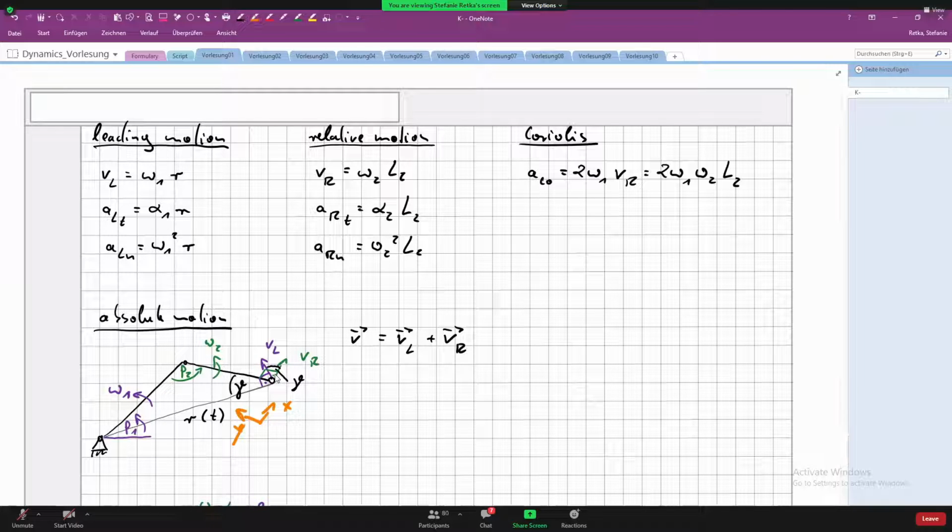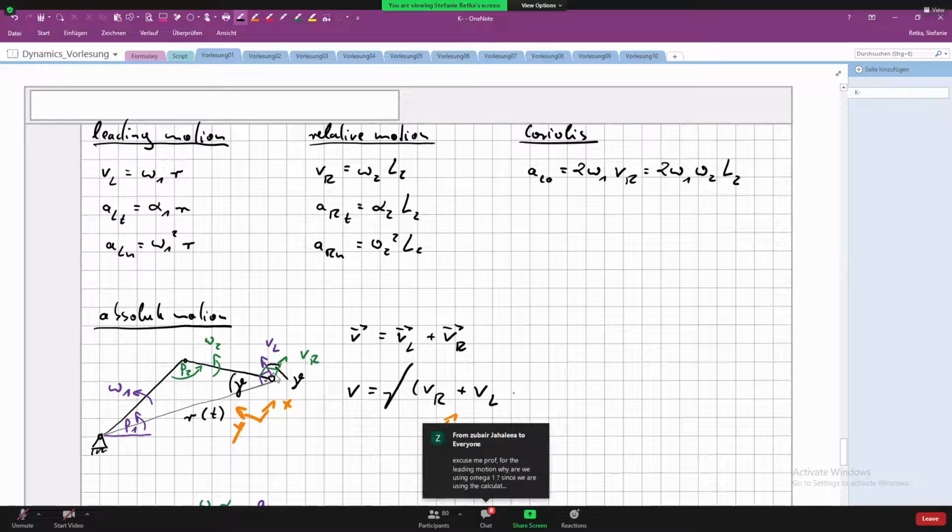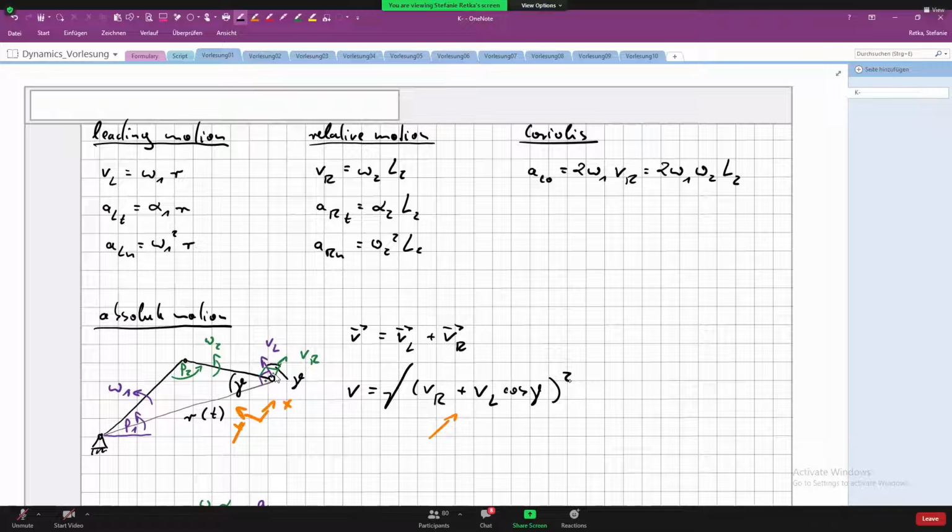Now for the vector addition, it's the square root of the sum of all vectors pointing in X direction, this one right here: VR, plus a component of the leading velocity, plus VL cosine gamma, and then the square of that. Because our system moves with omega 1. The whole system rotates with omega 1.